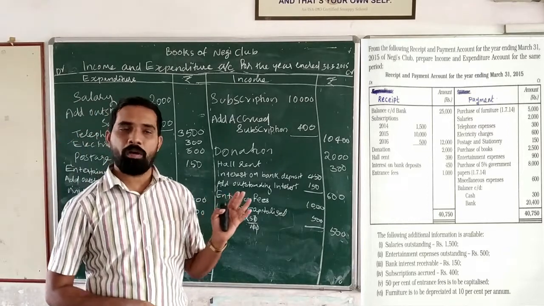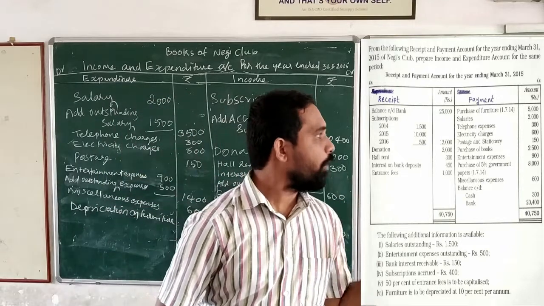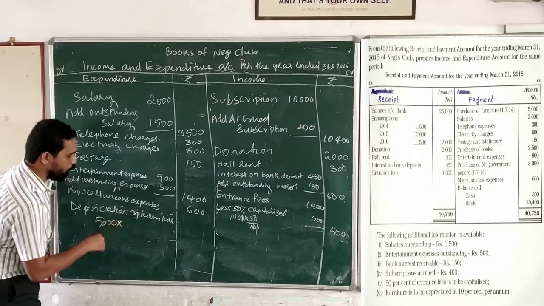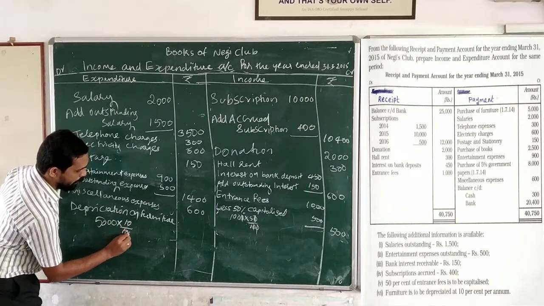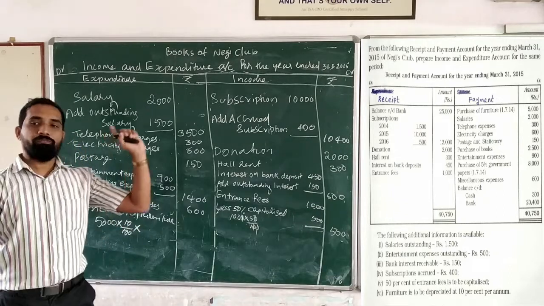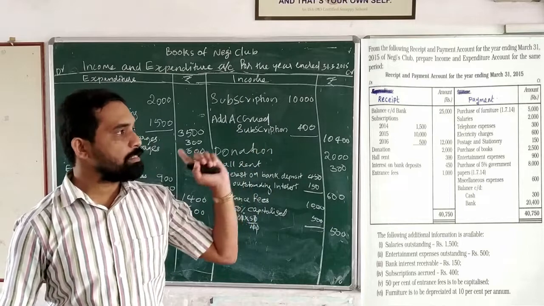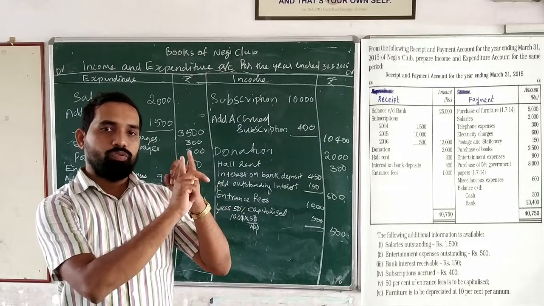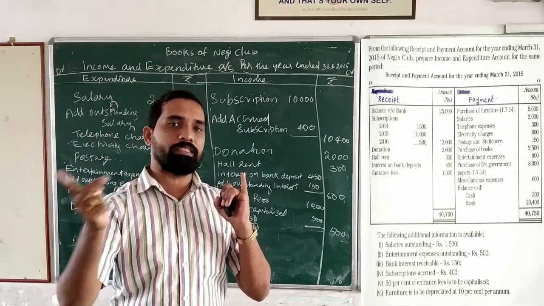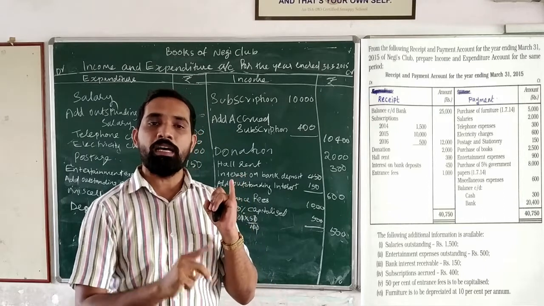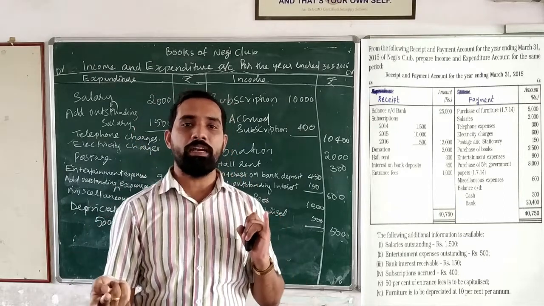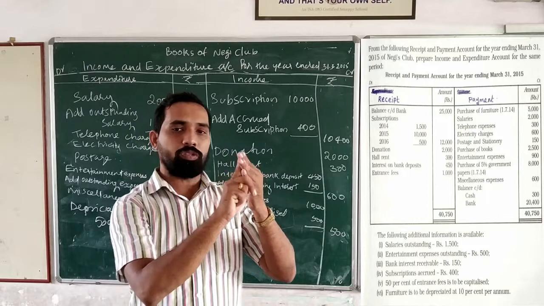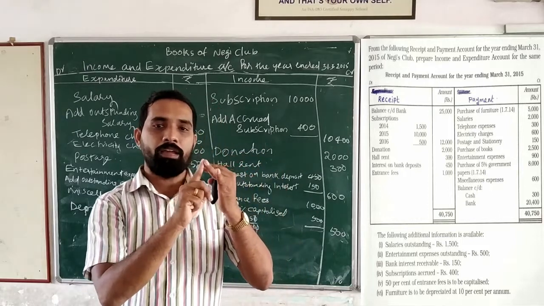Actually, the furniture amount, how much rupees? 5,000. That is 5,000 into 10 by 100. The furniture was purchased on 1/7/2014. So from 1st July to 31st March 2015, that is July, August, September, October, November, December, January, February, March.